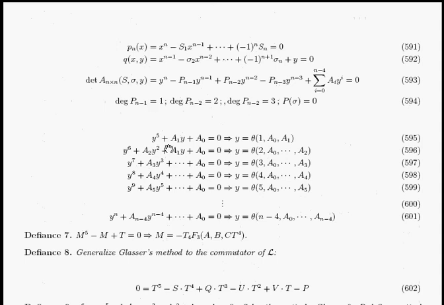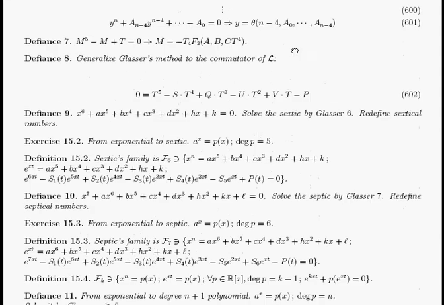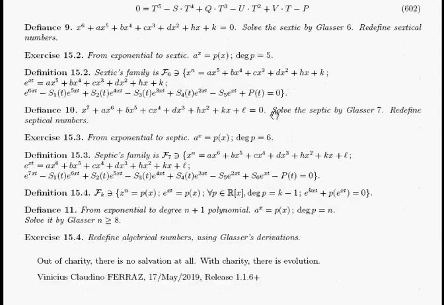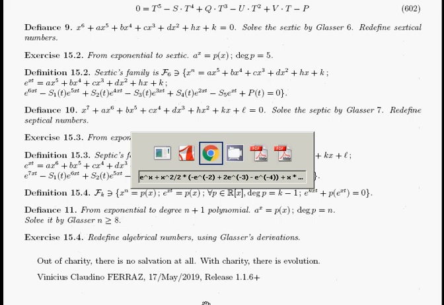The 5th degree is theta genus 1, the 6th degree is theta 2, and the nth degree is theta n minus 4. Out of charity, there is no salvation at all.